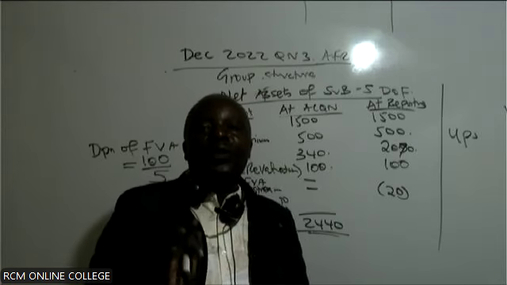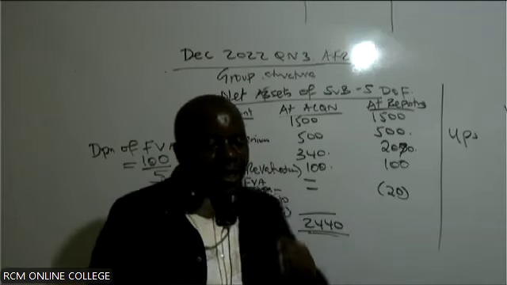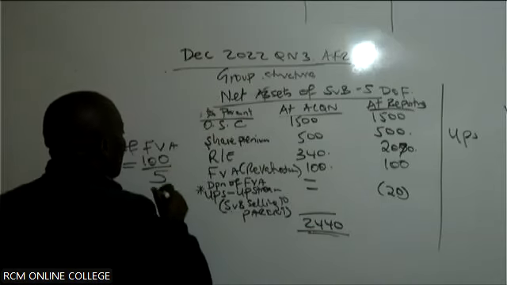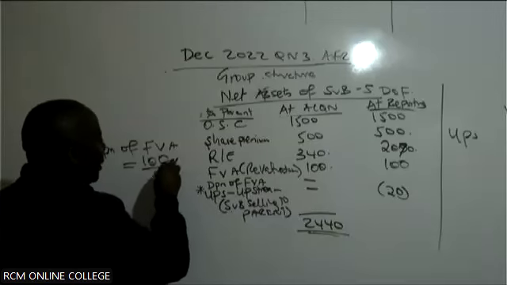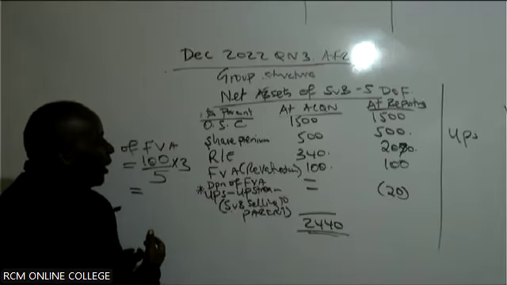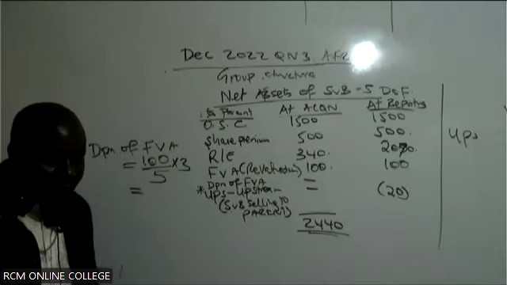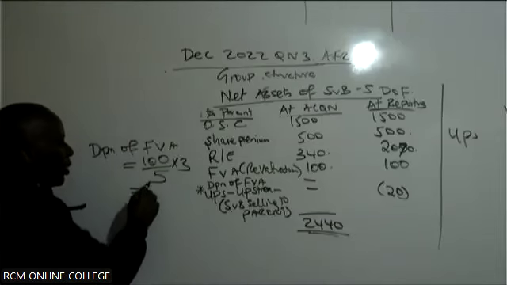So 100 divided by 5 times 3. Work with total depreciation, what we also call accumulated depreciation. So this gives me 60.